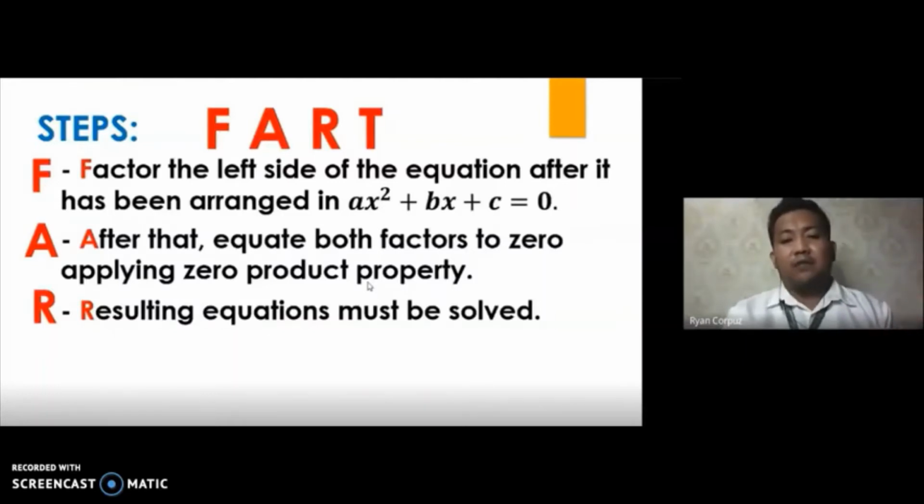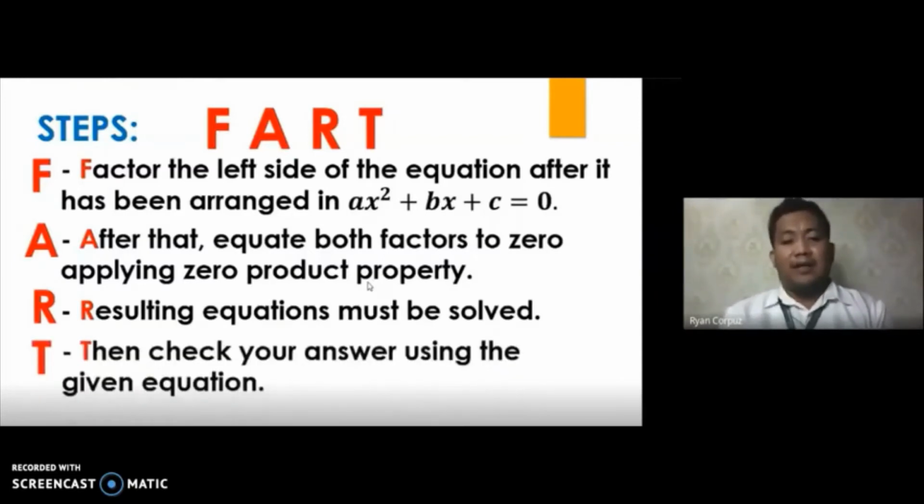So after that, we are going to solve it, and from there we can find the solutions to a given quadratic equation. Then after finding the solutions, if you want to check if your answer is correct, you can apply the last step. The last step, T, stands for then check your answer using the given equation.